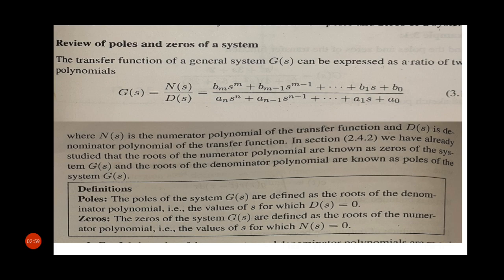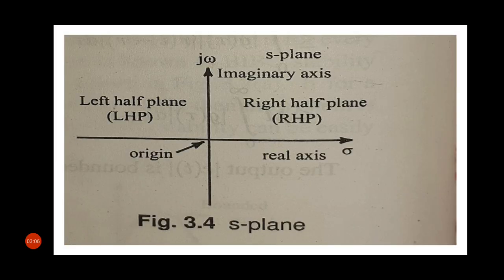The poles and zeros can be plotted in the S-plane. This is our S-plane.